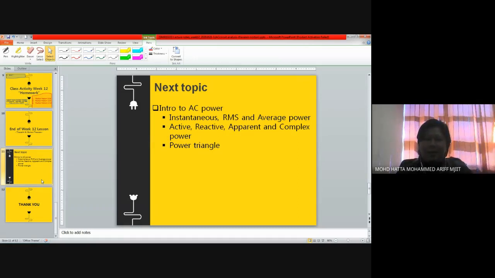Later on you will be introduced to the power triangle, and we will get to know what it means and what the pattern of the triangle is. It's a simple triangle with 3 edges, but we need to make use of the triangle in order to get to know the information of power in our circuit.